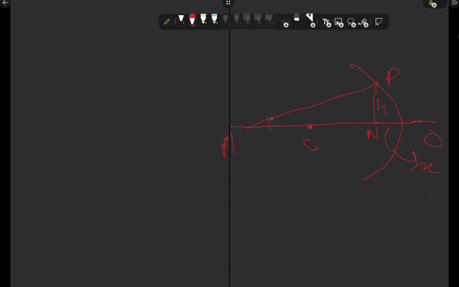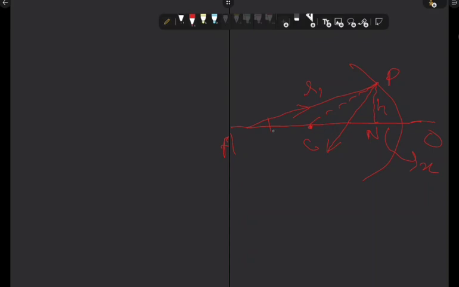Now this paraxial ray AP has optical length L1. When AP hits this mirror over here, the reflected ray comes over here like this. This dotted line CP is normal to the spherical mirror.